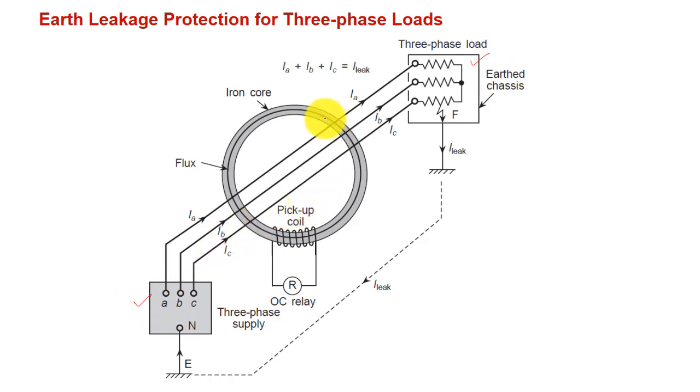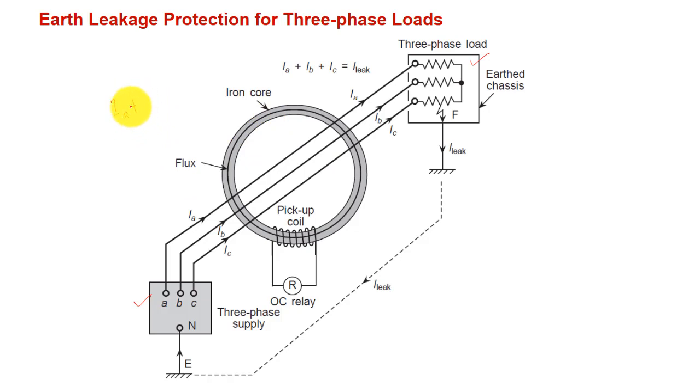And if we have a similar iron core with one coil put on it, connected through the overcurrent relay, let us see what happens when balanced current flows through this. That means it will produce no flux in the core. So the net flux produced in this core will be 0, because the net current passing through this core will be 0, right?